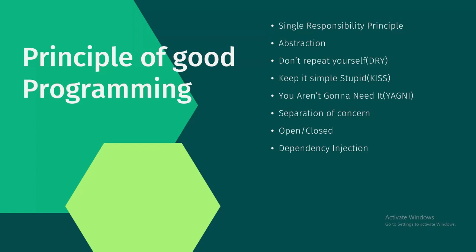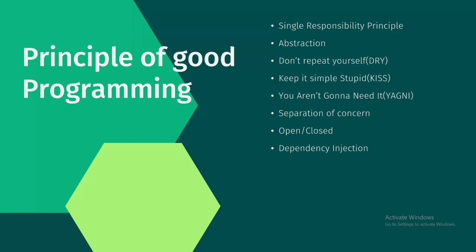So with that in mind, let's go straight to some of these principles that we need to keep in mind while writing programs, so that our programs can be easy to maintain, easy to extend, and easy to comprehend. We have the following principles.